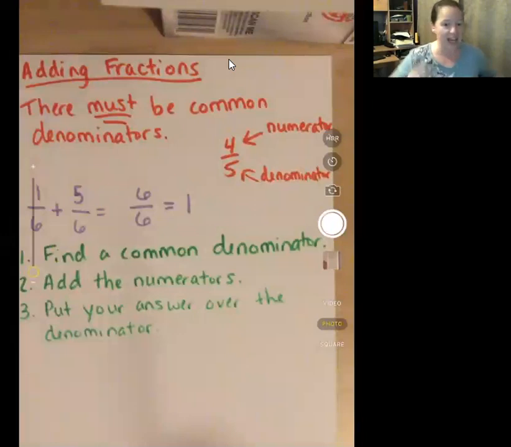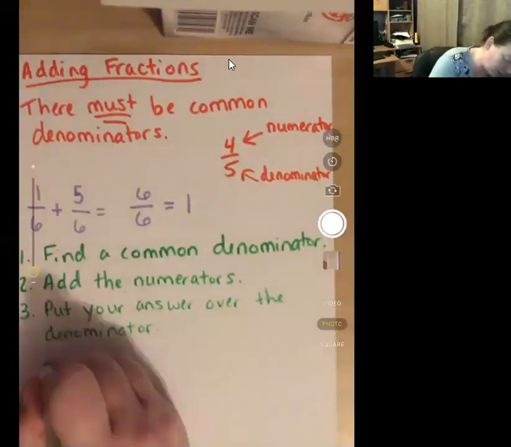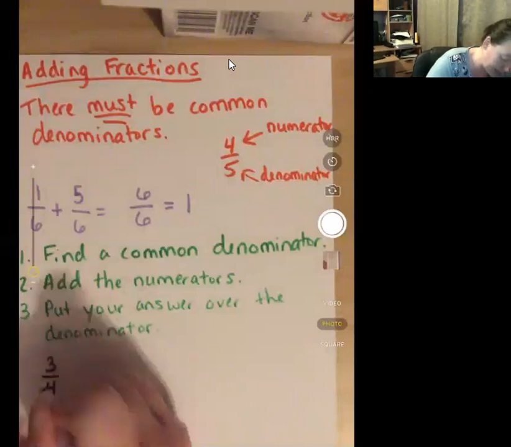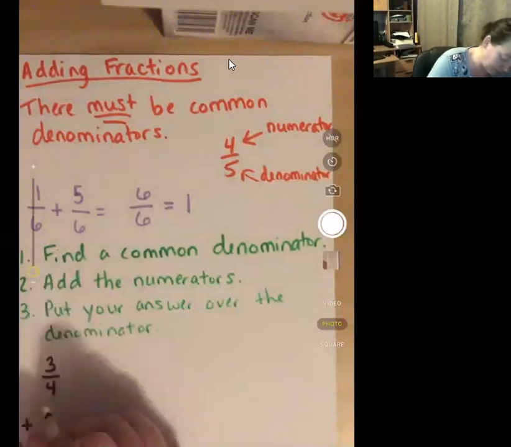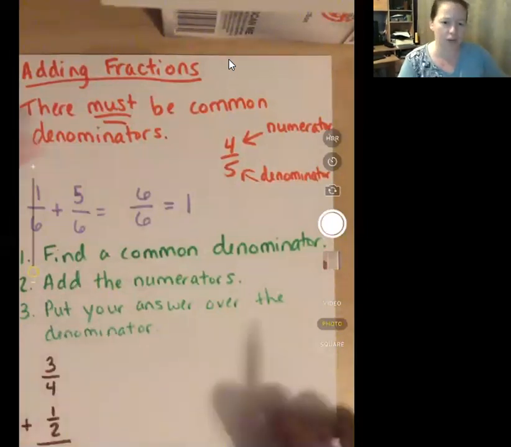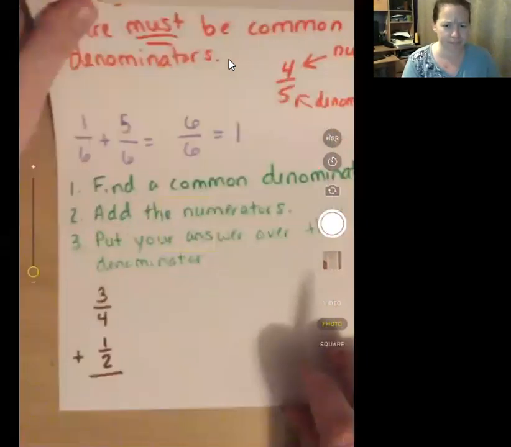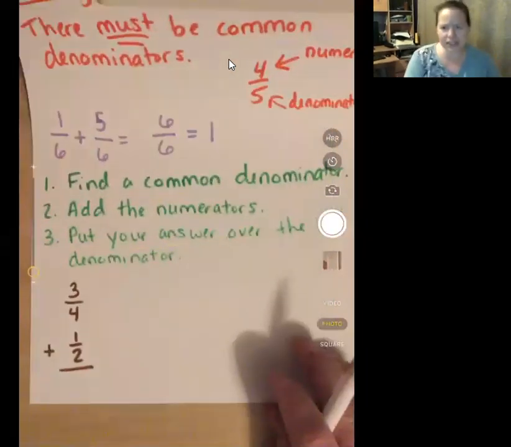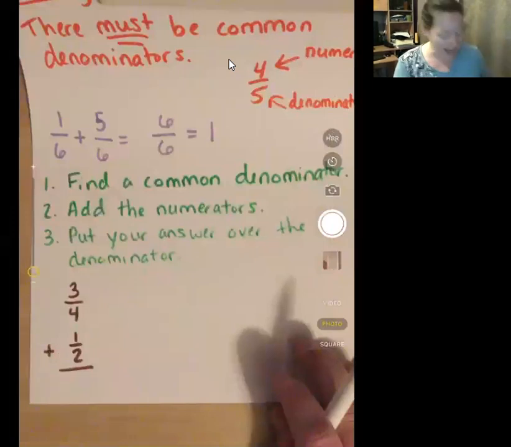So if I have something like this, if I have 3/4 plus 1/2, let's say I have that. I look at this and I go, oh, you know what? 4 and 2 aren't the same, but I can make that 2 into a 4.